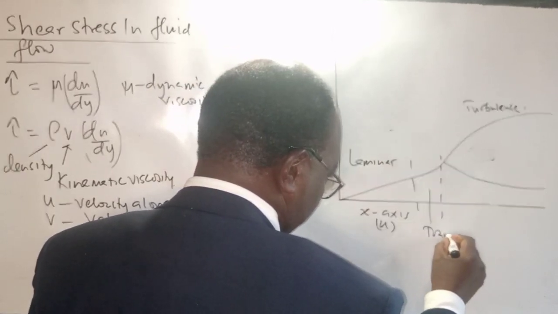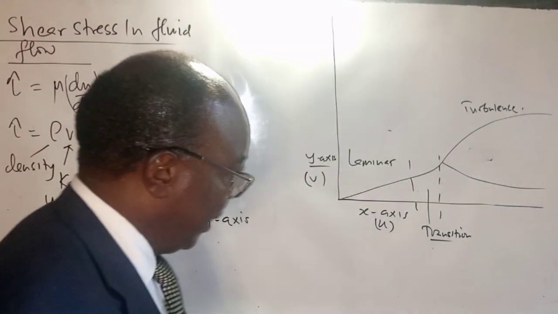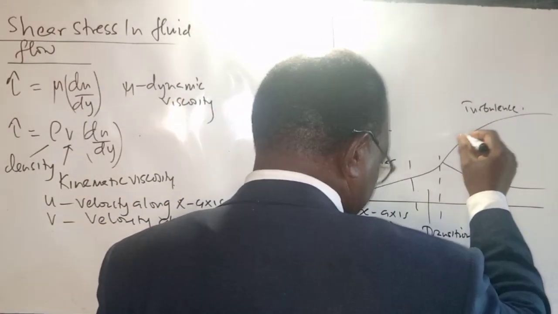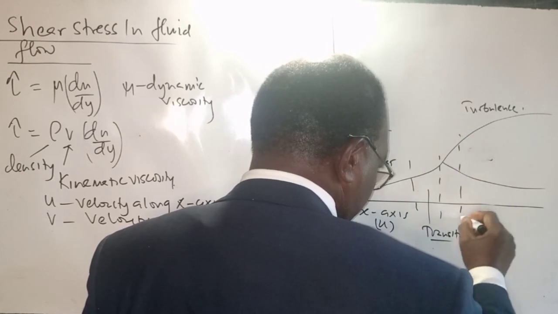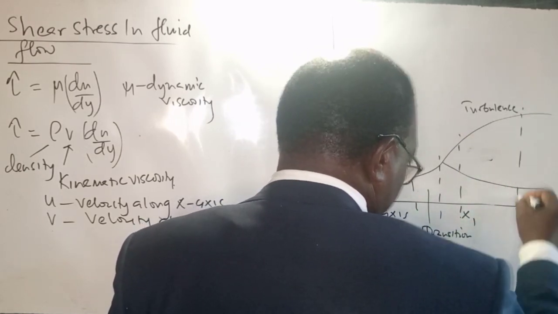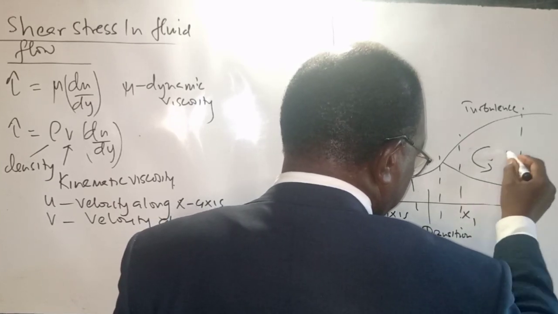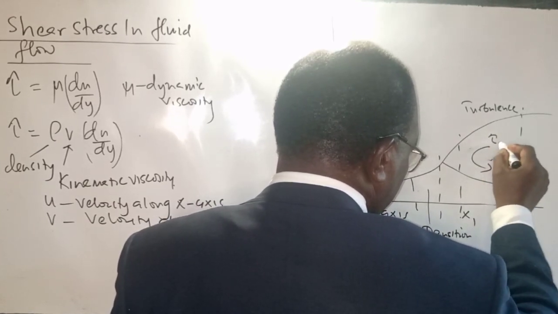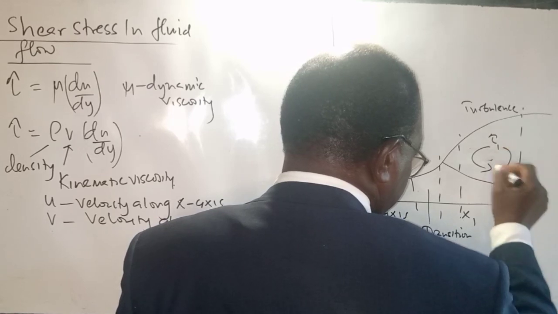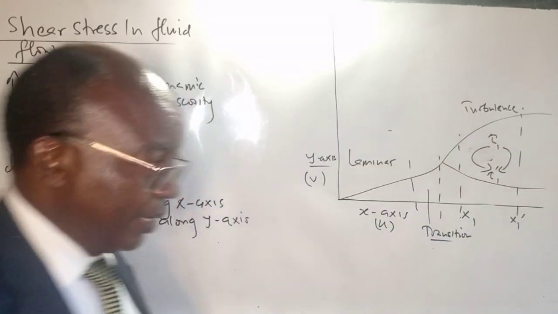There's a transition between laminar and turbulent flow. And so let us focus on some region here. Let us call it between x1 to x1 prime. And let's say that there is shear stress in that particular region.